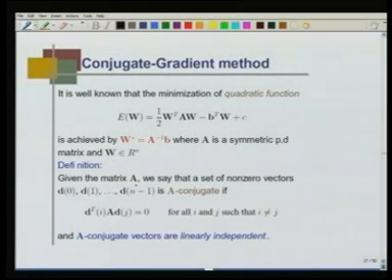Given the matrix A, we say that a set of non-zero vectors D0, D1, up to Dn minus 1 is A-conjugate if D transpose i A Dj equals 0 for all i and j such that i is not equal to j. If this relationship is satisfied, then these vectors D naught to Dn minus 1 are known as A-conjugate vectors, and these A-conjugate vectors are all linearly independent.